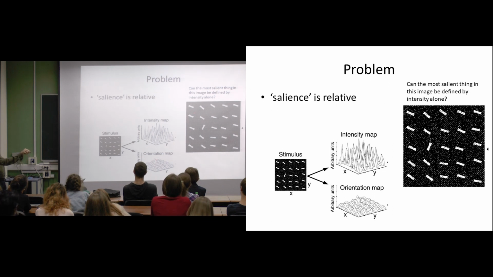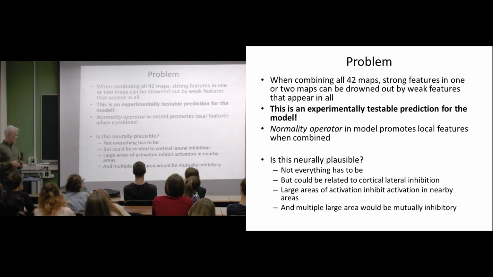The orientation itself isn't that salient. This one is certainly the most salient thing, but just by orientation alone, it's not that different from the others, so it's not going to stand out a lot. If we just do a straight merge of these two, this most salient location is going to be drowned out by these spikes, isn't it?